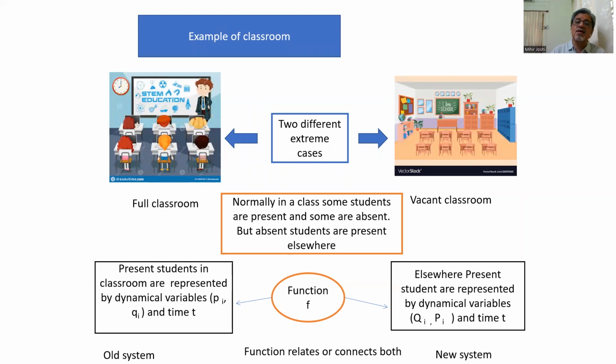The students present elsewhere are represented by new dynamical variables, capital Qi, capital Pi, and T. A function f relates the students outside the classroom and those within it, and that function relates the nature of the students.